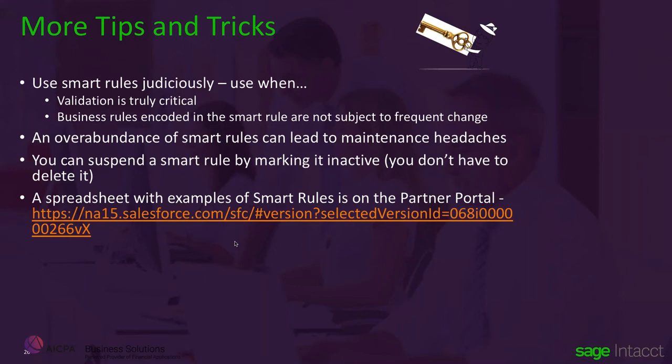I would say an overabundance of smart rules, in addition to maintenance headaches, can lead to frustrated users. If you're putting a lot of smart rules into the system and you're checking a lot of things, if those things are valid and critical to your business, then by all means do it. You've got these things that are critical to your business, and there are things that just have to happen this way.